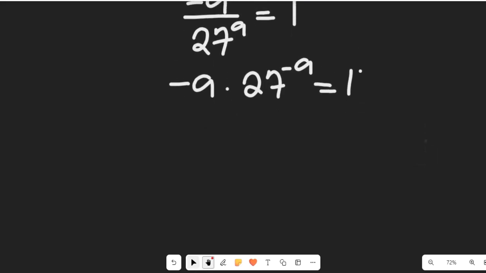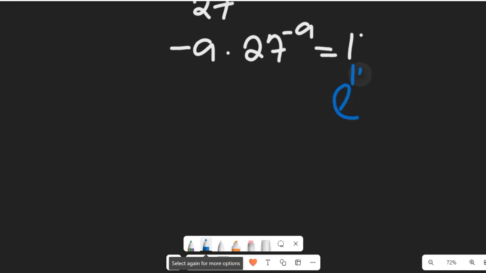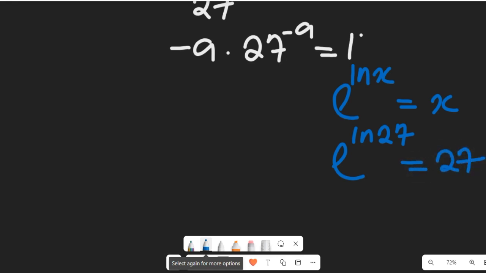In that simple logic, if we have the exponent of ln of x, this is very straightforward. This will be equal to x. Now, what if I have the exponent of ln of 27? What will it give me? This will simply give me 27. That means I can simply replace 27 with the exponent of ln of 27.